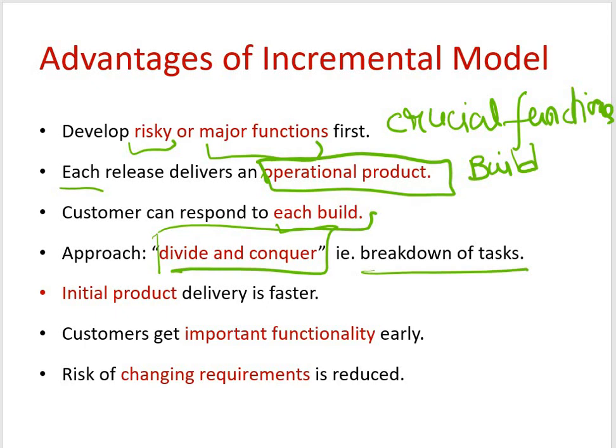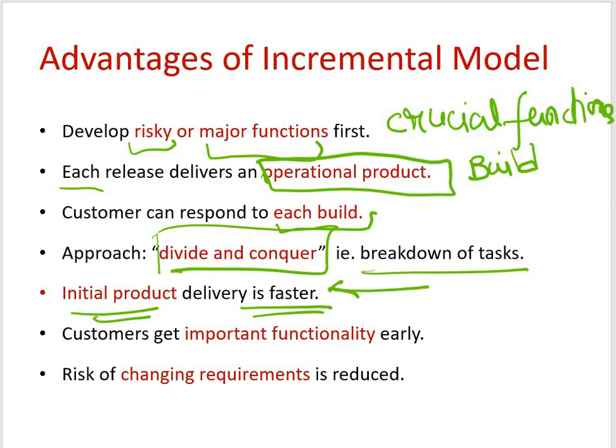Your initial product delivery is faster because I need to immediately launch my product in the first build with some of the functionality. So let me deliver it at a faster rate, and then later on I can take a call on the other builds.